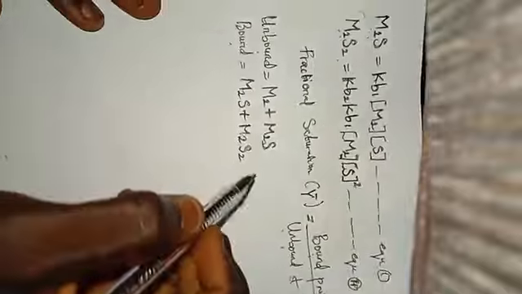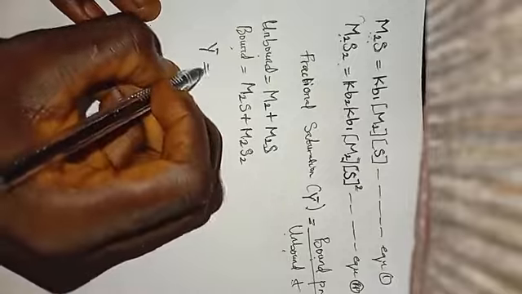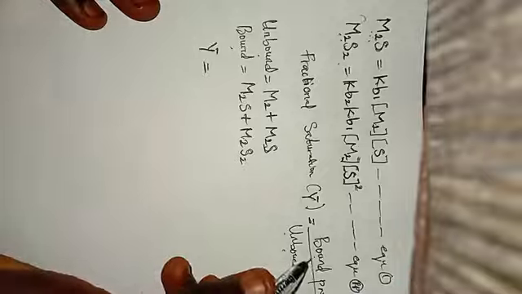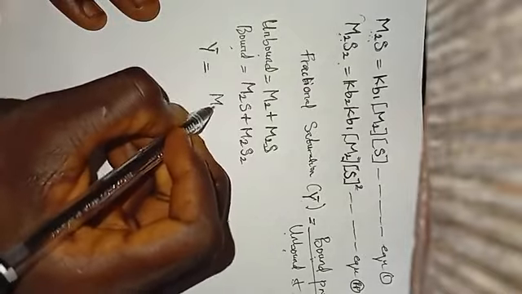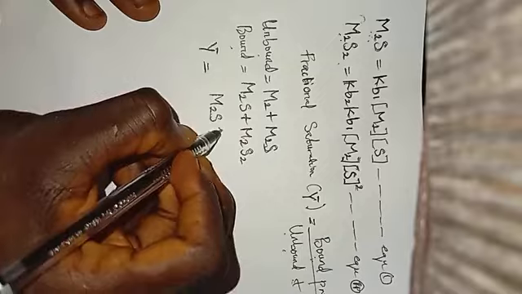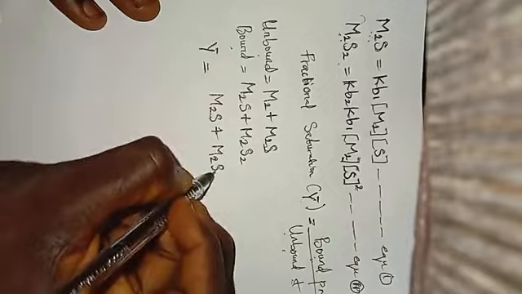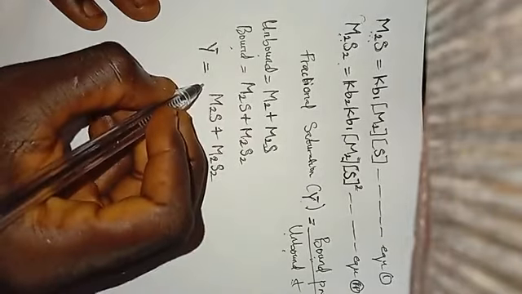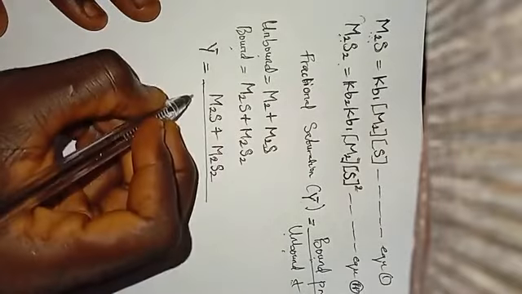So this is for unbound, while this is for bound. Now look at the equation for fractional saturation: bound protomer all over unbound plus bound. So our Y bar, the fractional saturation, equals the bound protomer, which is M2S plus M2S2, all over unbound plus bound.